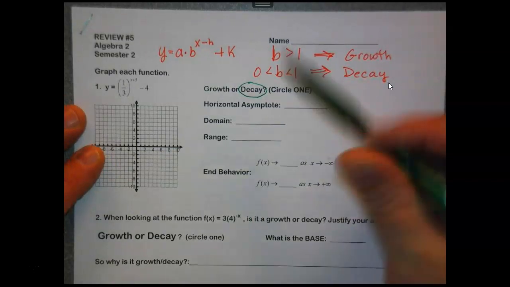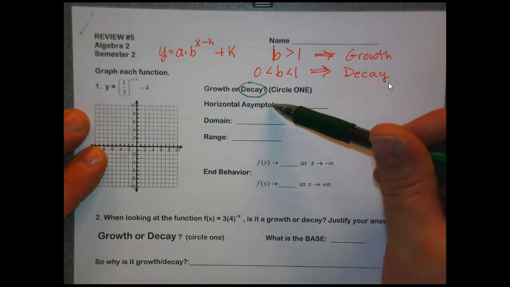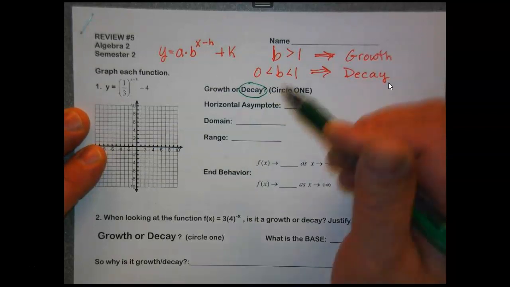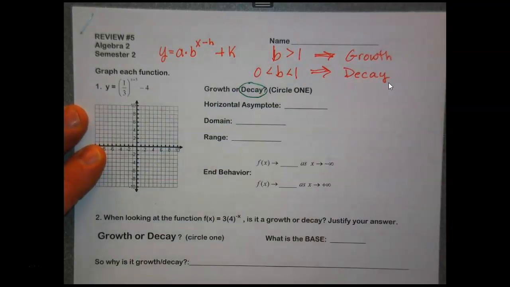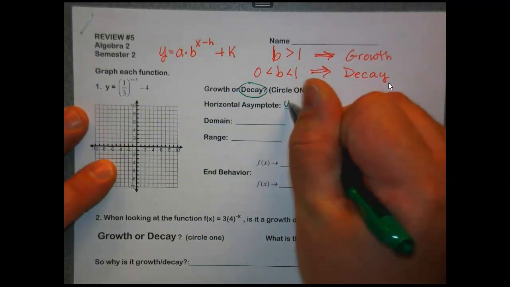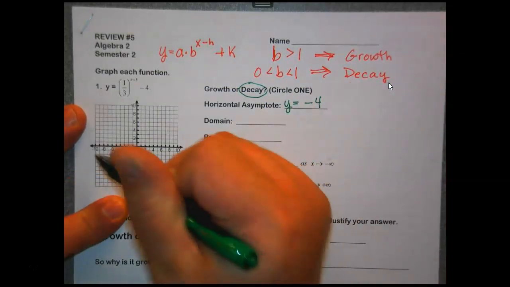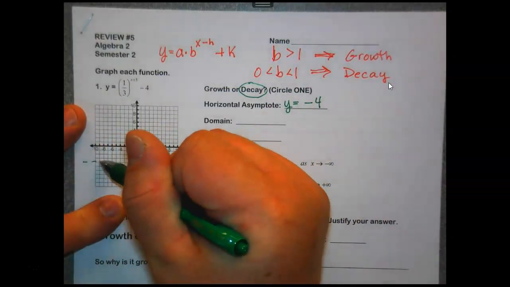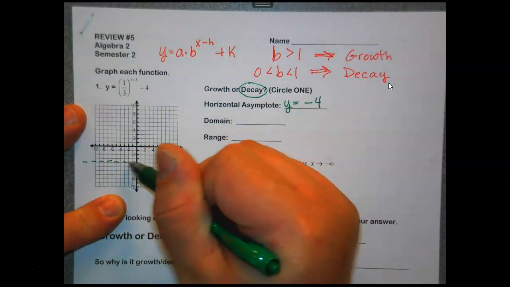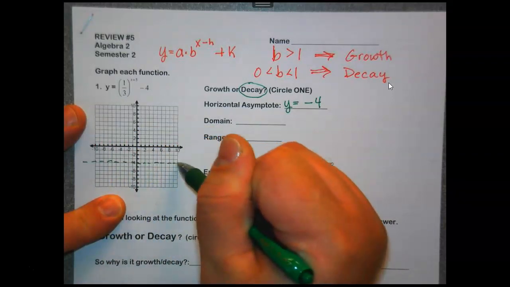So this is an exponential function, and the horizontal asymptote is determined by our k. I have a minus 4. Horizontal is a y equation, so y equals minus 4 is going to be my horizontal asymptote.